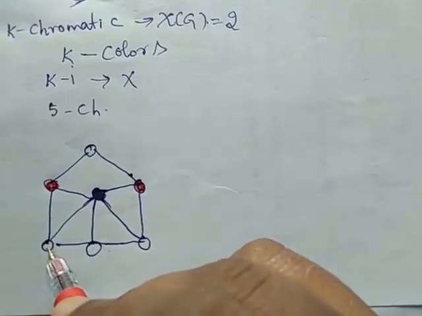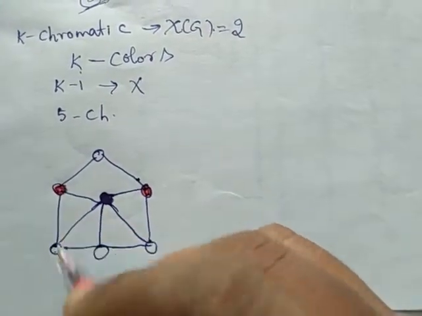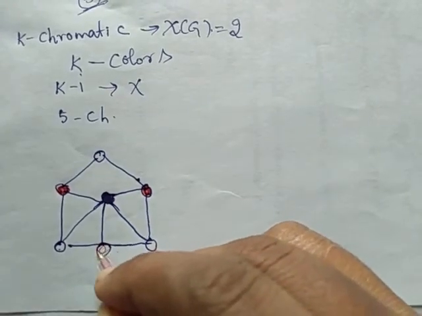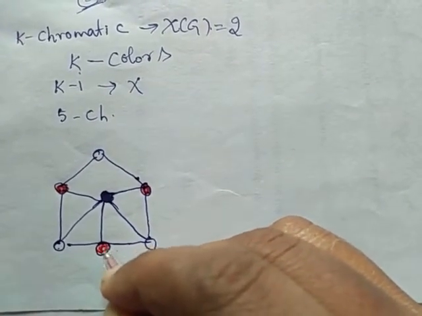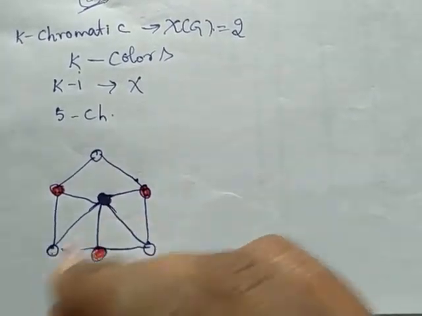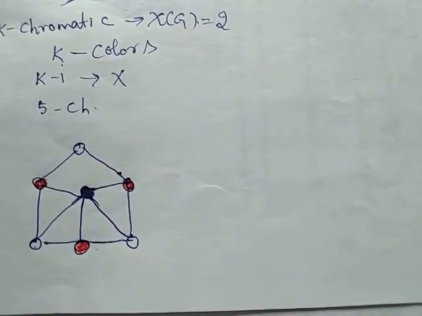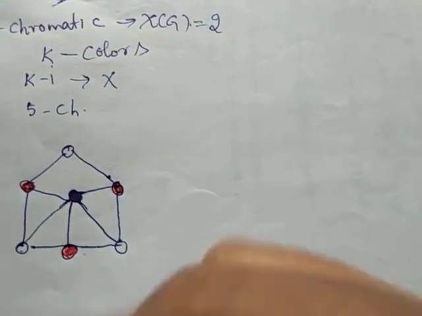If I color this with red, these two vertices will be adjacent. Therefore, I will color this with red. Again, if I color this with blue, these two will be adjacent. So, I will use some other color. So, let it be black.